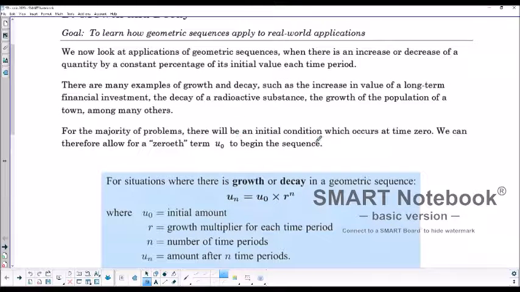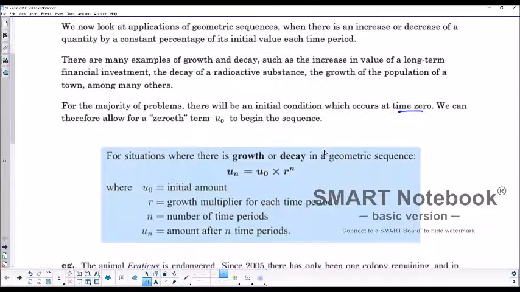To begin with, we're going to start with some sort of initial condition, which occurs at time 0. That initial condition would be like the initial value. At time 0, we've got what's called a zeroth term. So U sub 0 is the initial amount, as we can see here, and that occurs when n equals 0. When n equals 0, r to the power n just equals 1.